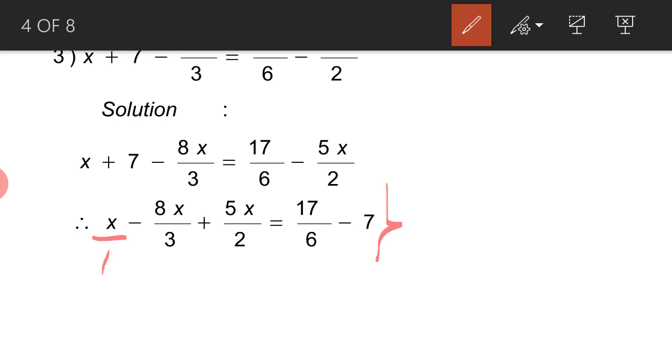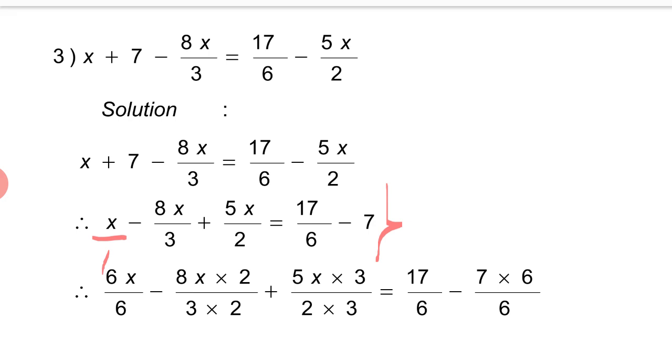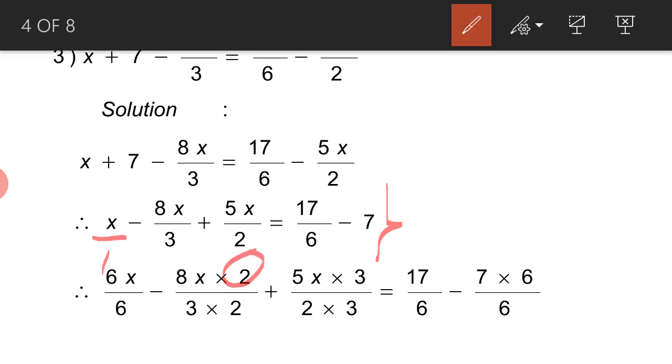It is 6. Now what we do here, instead of taking the LCM separately, we take it together and we simplify in a simpler manner. So LCM taken to be 6. So 6 upon 6 minus 3 2s are 6. So here you need to multiply by 2. Are you getting? 2 3s are 6. So here you are going to multiply by 3. Then 17 upon 6 will remain as it is, and 7 upon 1 again.